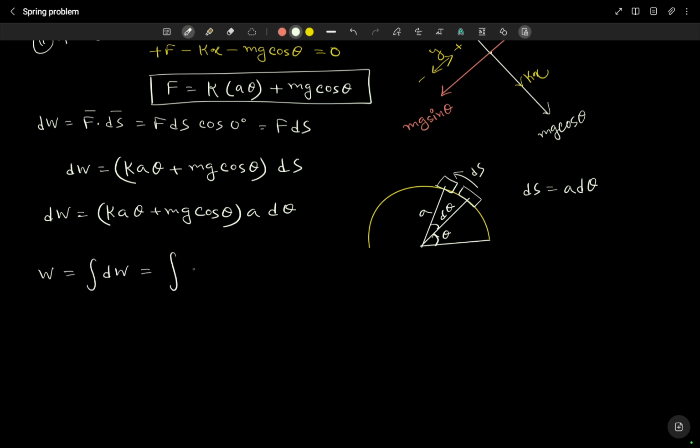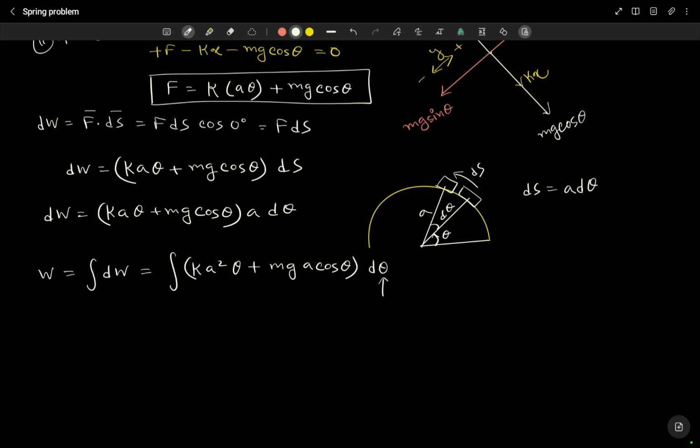That is the integration of k a squared theta d theta plus mga cos theta d theta. So the variable is theta.